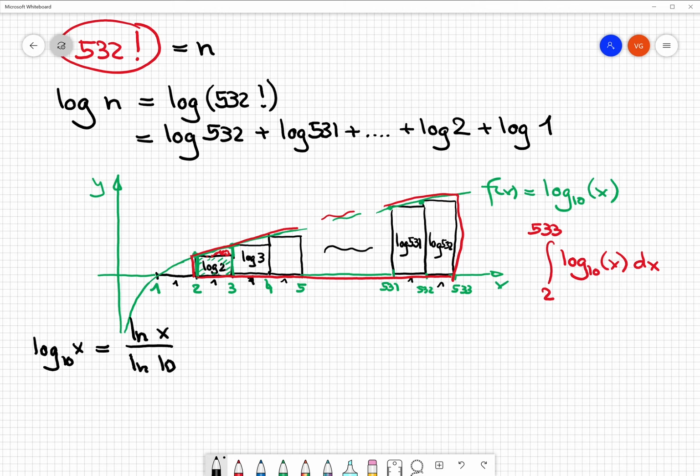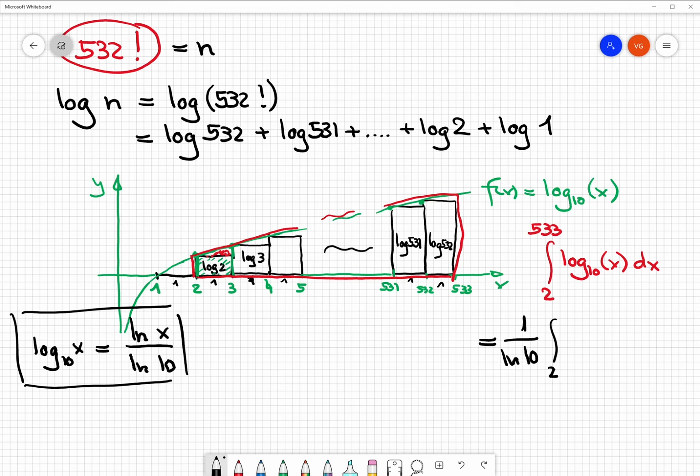This is another formula we derived once, to change the base of a logarithm, and you know that ln is more convenient in calculus. So we can rewrite this integral as the ln of x divided by the ln of 10. ln of 10 is just a number, so this is 1 over ln 10 times the integral from 2 to 533 of ln x dx.